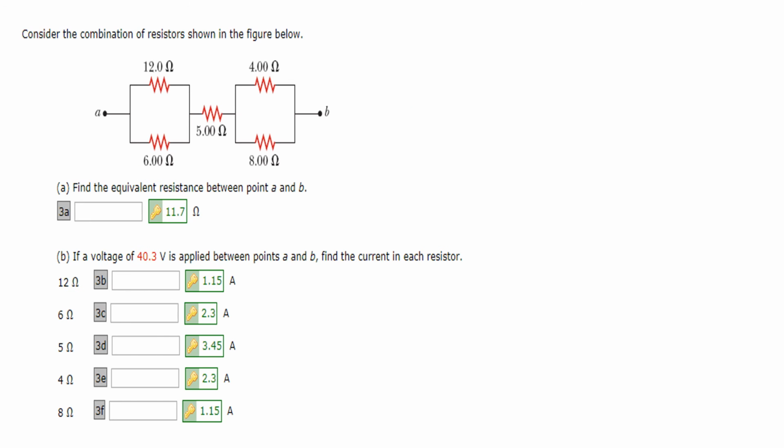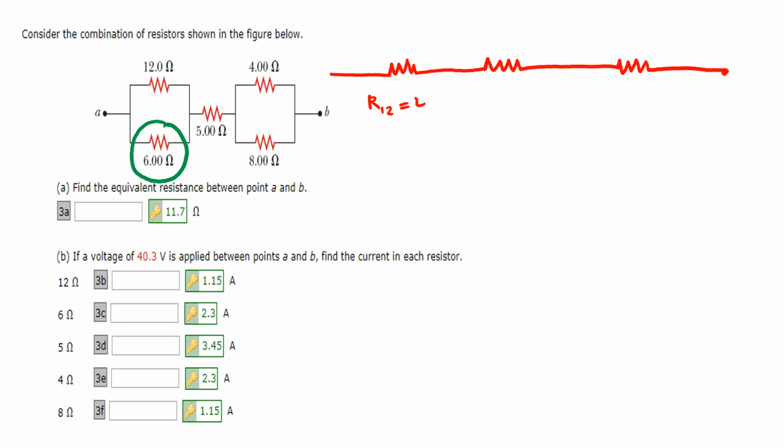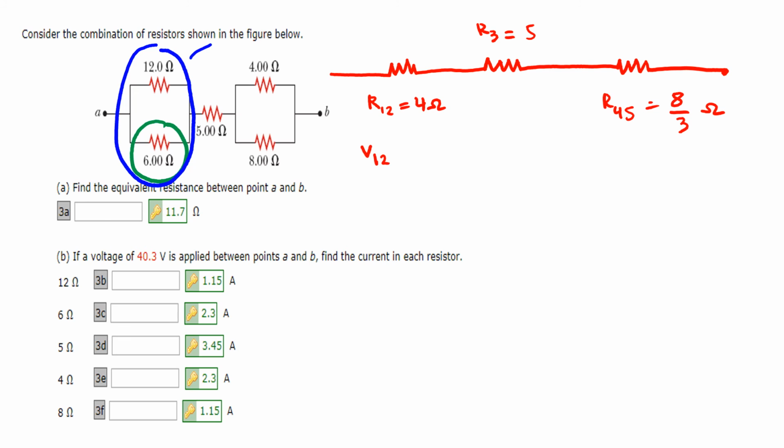So finally, we can now solve for the current through the 6 ohm resistor. Recall that from this complex combination of resistors, we were able to come up with a simple series combination of resistors R12, which is equal to 4 ohms, R3, which is equal to 5 ohms, and R45, which is equal to 8 over 3 ohms. Previously, we were also able to solve for the voltage across this combination, here, which is the parallel combination.